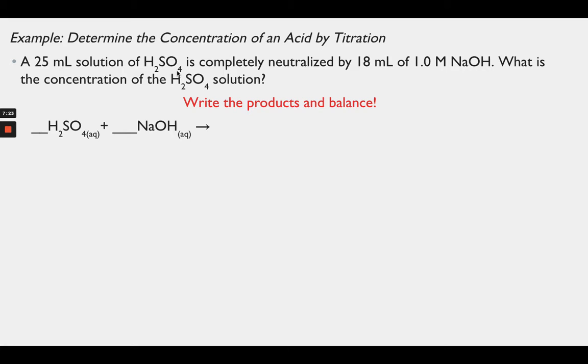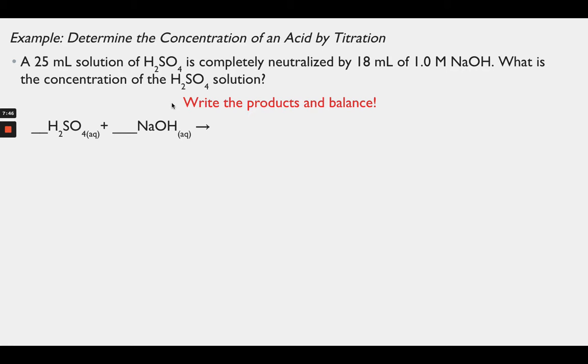Maybe a label has fallen off a container. We don't know what it is, but we have been able to get off of our shelves a 1 molar sodium hydroxide solution, and we know it reaches that neutralization point when I've added 18 milliliters of the base to 25 milliliters of the acid. Now, how are you going to figure out the concentration of H2SO4?